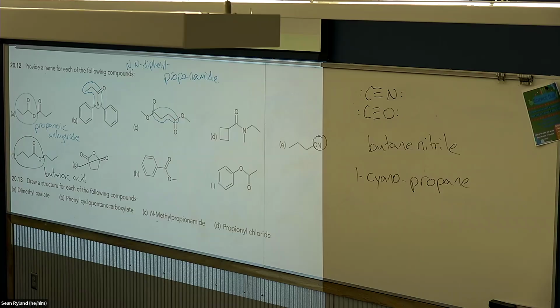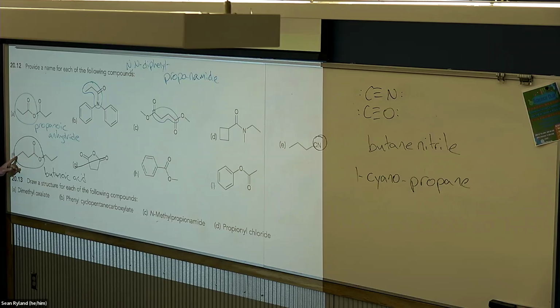Why is that carbon not included? It is. 1, 2, 3, 4. But isn't it part of the acid? No. It's part of the butanoic, if our longest continuous carbon chain that includes the acid group is 1, 2, 3, 4.